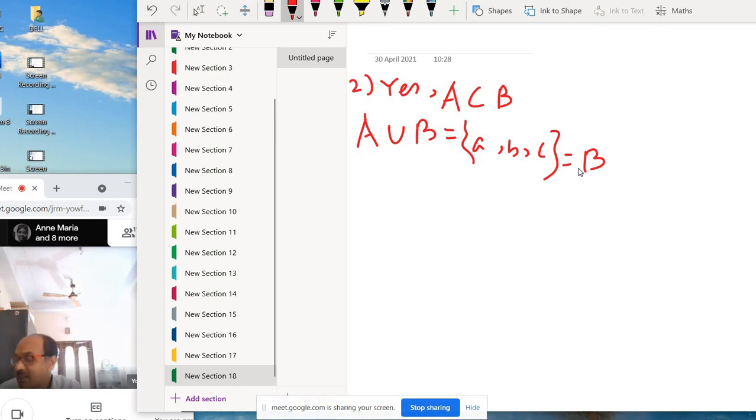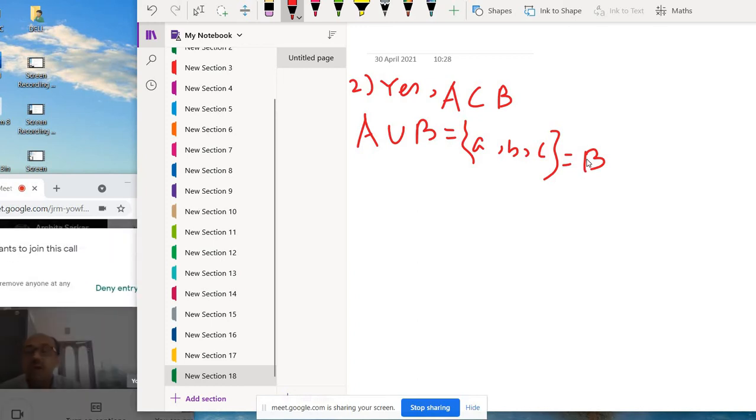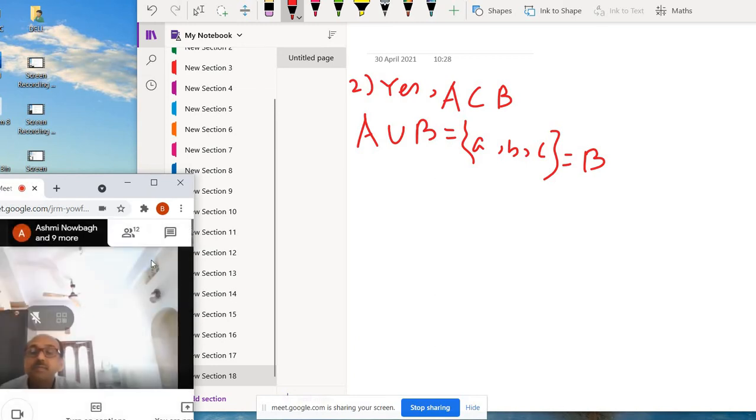A set, B set, C set, D set are given. Find A union B. A is 1, 2, 3. B is 3, 4, 5, 6.